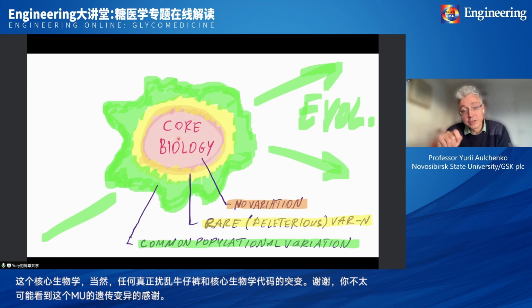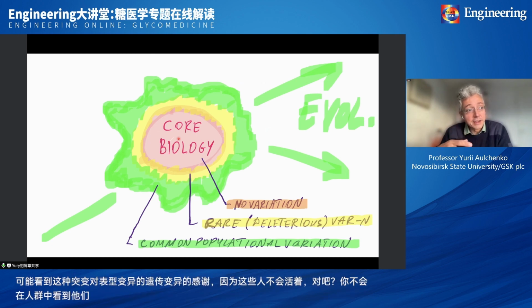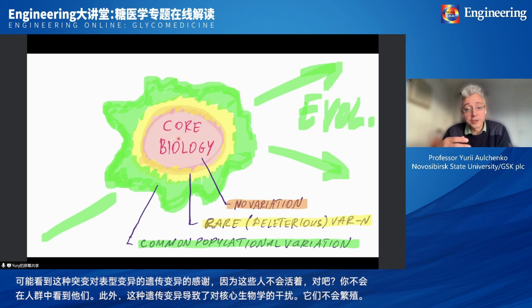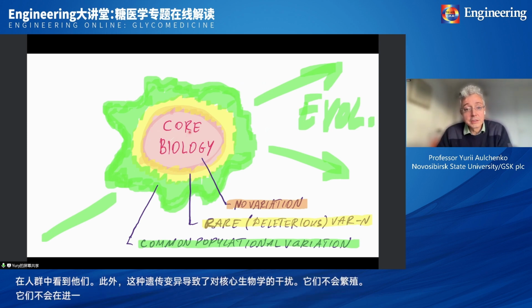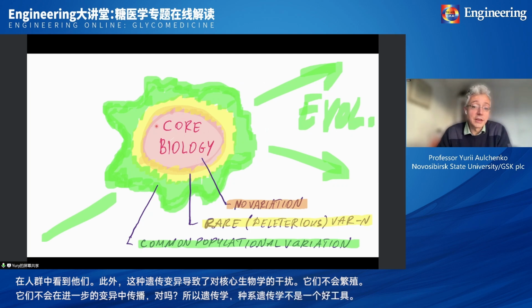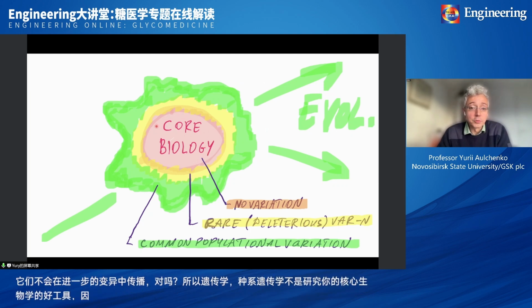You don't see them in the population, and moreover, these genetic variants which lead to the disturbance of core biology are not propagated, they are not transmitted in further generations, right? So genetics, germline genetics, is not a good tool to study core biology because you don't see variation for these traits in your population.